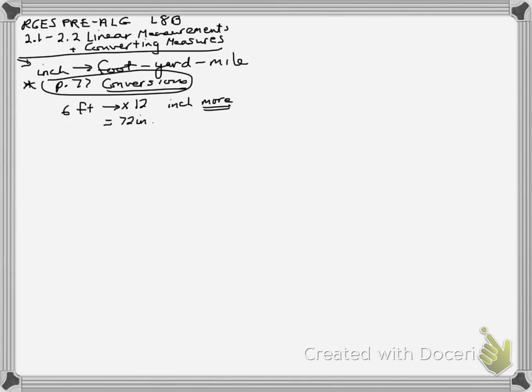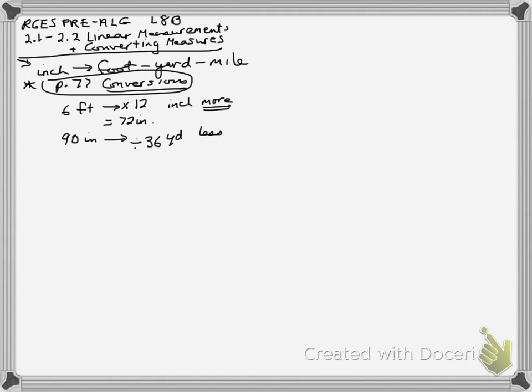If you're looking at the next one, it says 90 inches, and I'm going to go to yards. The question is, am I going to have less or more yards? You're going to have fewer yards because a yard is a bigger unit of measurement, so you will divide by how many inches are in a yard, 36.